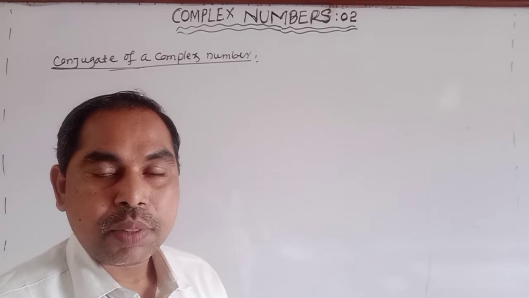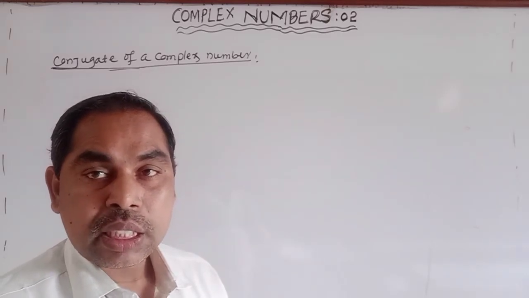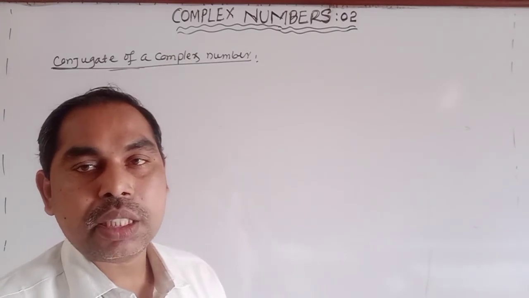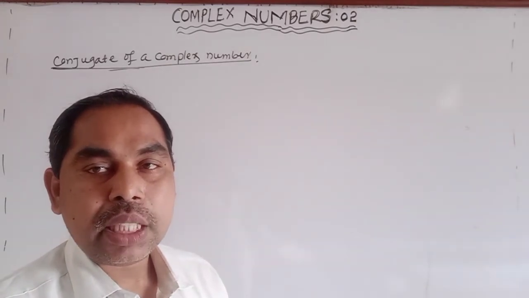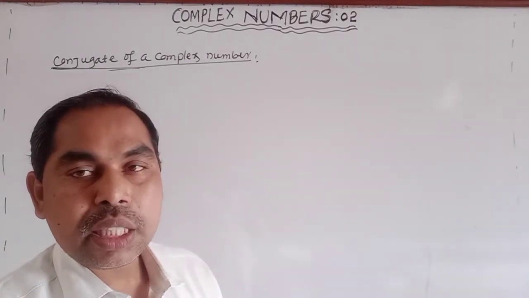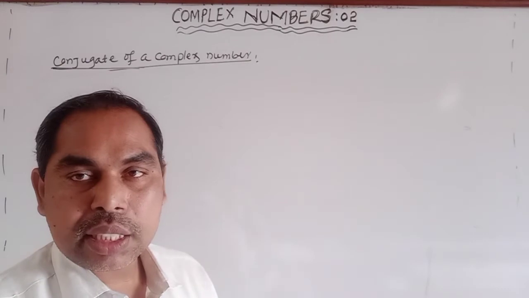Again, when two complex numbers differ only in the sign of i, means one is a plus ib and another one is a minus ib. So they differ in the sign of i only, the others are the same.